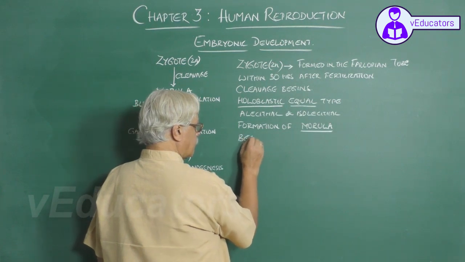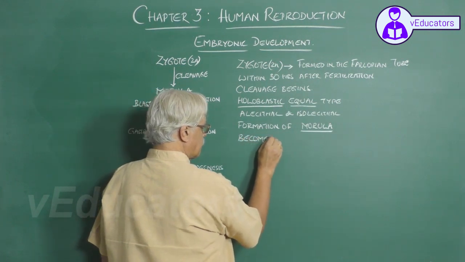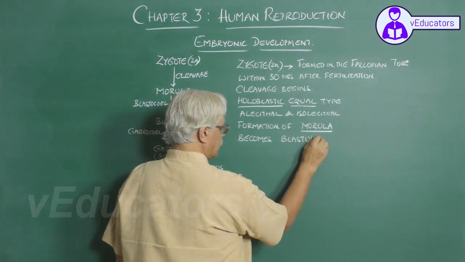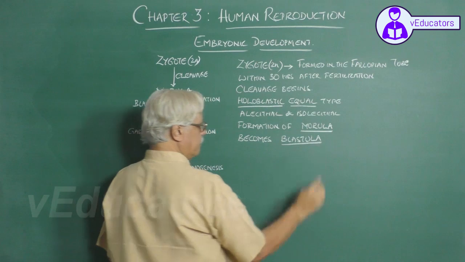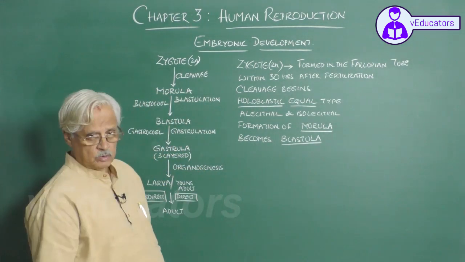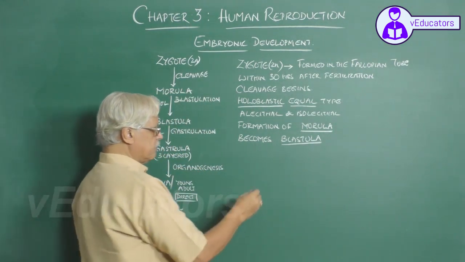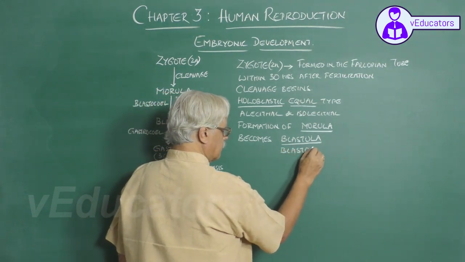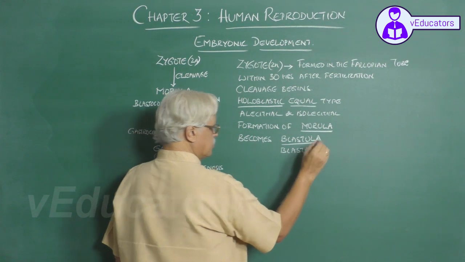And this morula becomes blastula. In the process of development, morula becomes blastula by developing a cavity called blastocele.